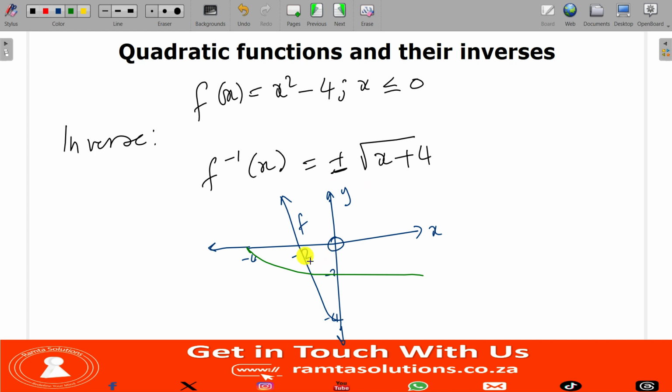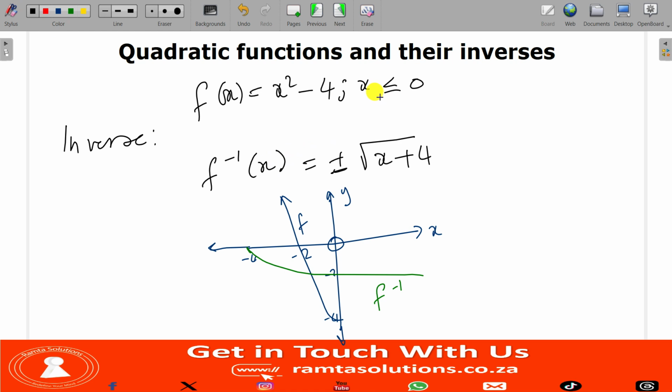Now check this out. When you look at the inverse, exactly one x value has exactly one y value corresponding to it. So this is now a function. Now, we have restricted this domain.